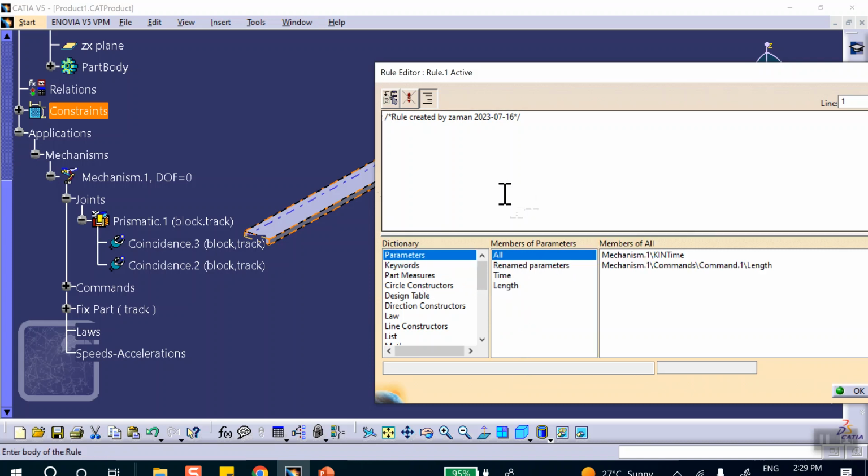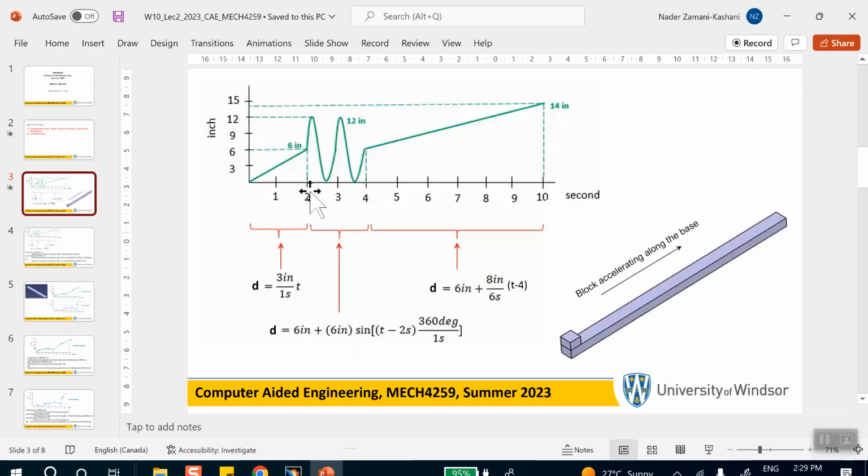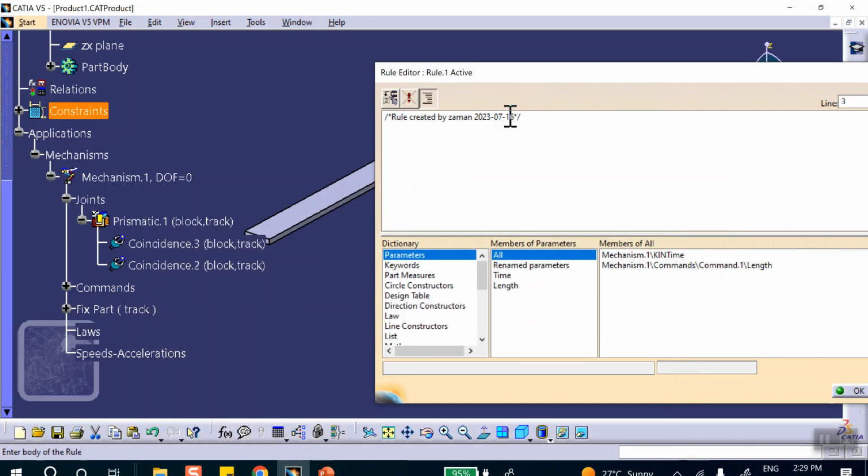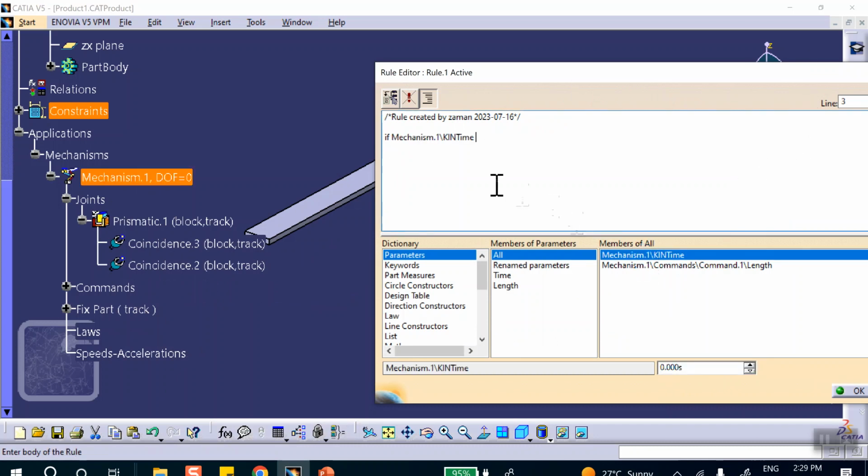Let's go back there. So first thing is the breakpoints are as follows. If time is less than 2, 6 inches over 2 seconds. 6 inches over 2 seconds is the velocity. Okay, so we put down here if the time, this is the variable, the formal name for the time, is less than 2, don't forget to say 2s.